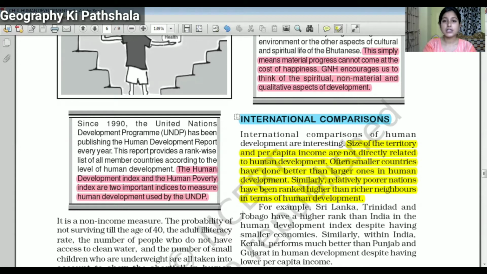The size of the territory or the per capita income are not at all directly related to the Human Development Index. Often some small countries have done better than larger ones in human development, such as Sri Lanka and Trinidad. They have a higher rank than India.